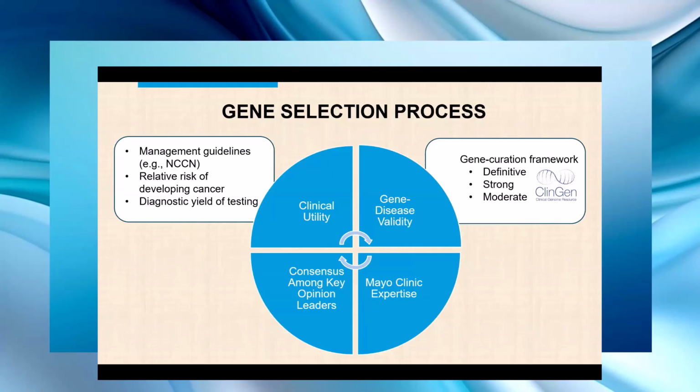We also look to some of our expert guidelines here, like ClinGen, as a resource to understand the gene curation framework which they've proposed and whether the evidence is definitive, strong, or moderate. And then, of course, having the value of Mayo Clinic as a collaborative organization, with both laboratory and clinical partnerships here, we can rely on the expertise which is honed in by our particular laboratories.